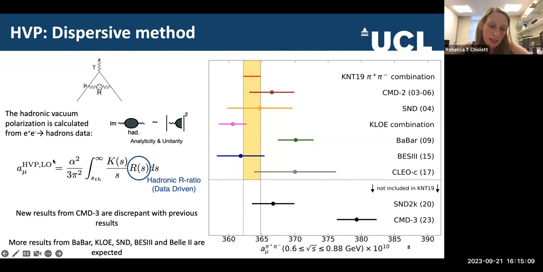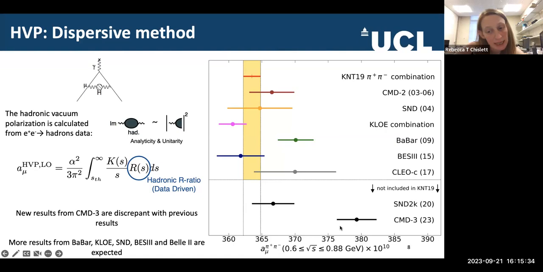They take the data for this e+ e- goes to hadrons from various different experiments, which you can see in the plot. There's always been some discrepancy between the various different measurements, and the variation between the measurements was taken into account in the prediction that they calculated for the white paper.